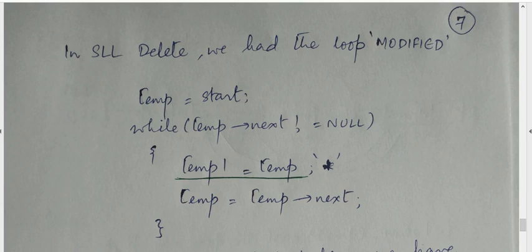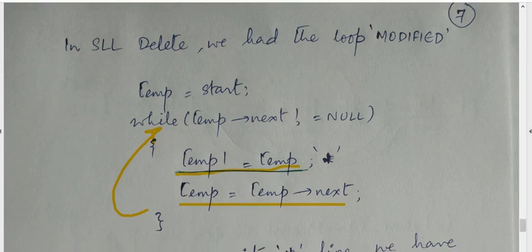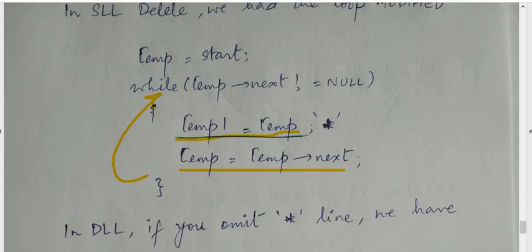We had a modified loop where we would save the previous value of temp before modifying temp. This would help us stop at the second last node: when temp to next was null, temp 1 would hold the second last node's value, and then we would use it for deletion. Okay, this is deleting at the end, not at a position.